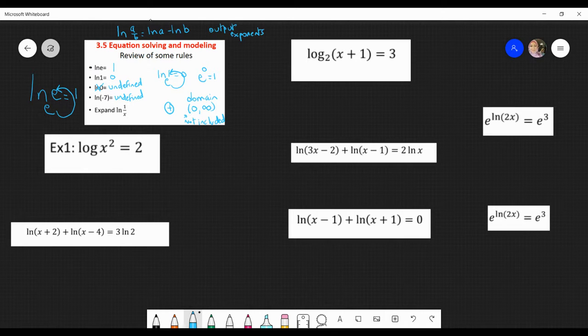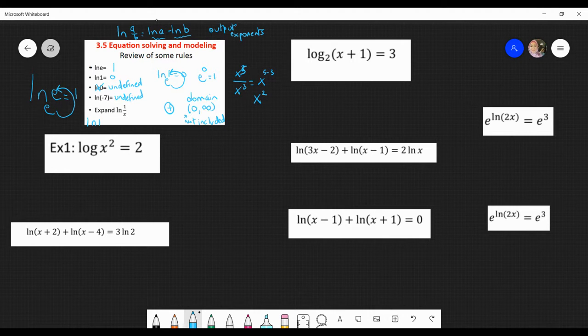And now you're going to see that this is so familiar. When we divide, what do we do with exponents? When we divide, we subtract exponents. So b to the power of x over b to the power of 2, we are subtracting exponents when we are dividing. This is where that rule comes from.